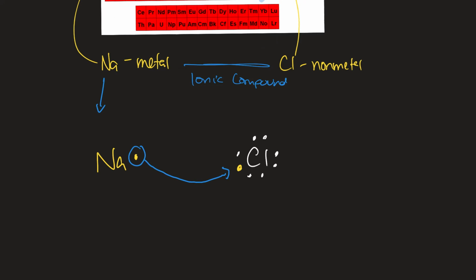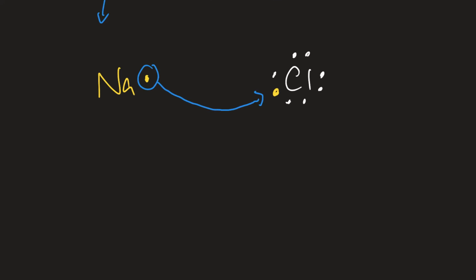When this takes place, now you have a sodium that has a positive 1 charge, and chlorine, which has a negative 1 charge. Due to the fact they have opposite charges, they will attract one another.